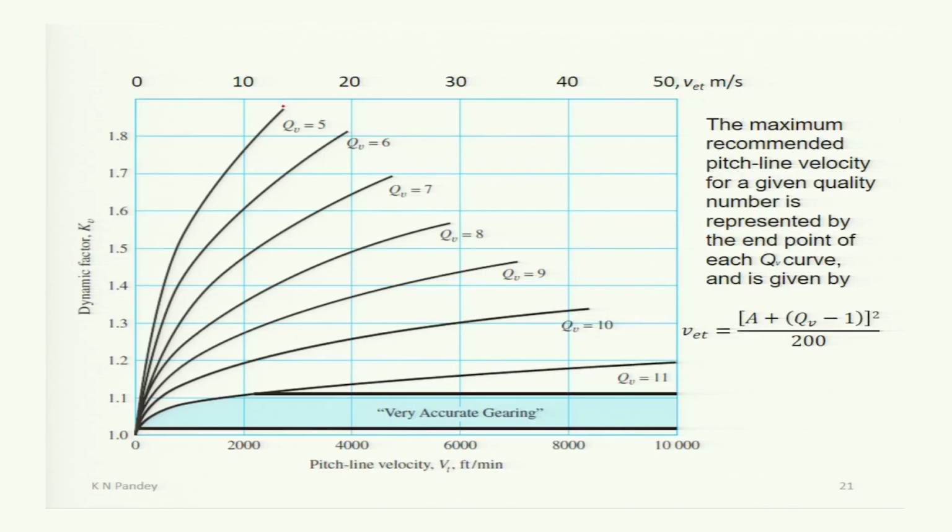Now, the maximum value of pitch line velocity up to which any curve can be used is obtained from this one. So, for any quality, you can know the maximum pitch line velocity up to which a particular curve is applicable.